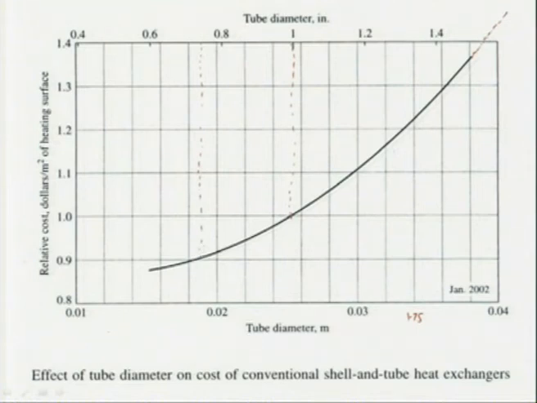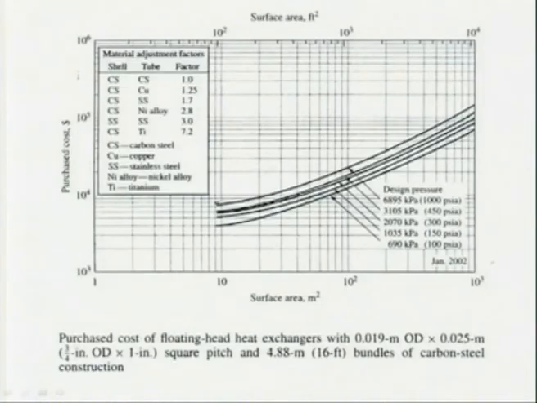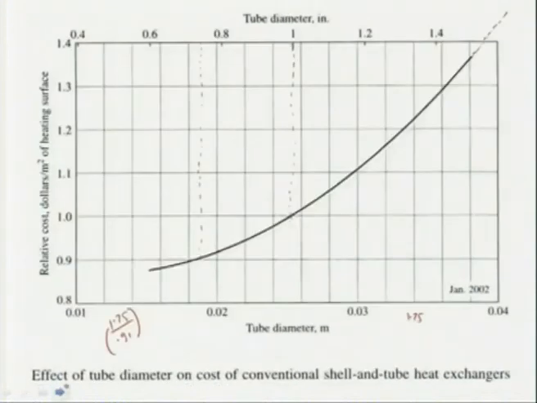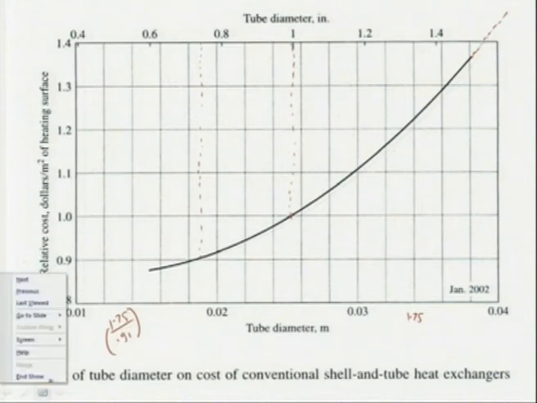So, the correction factor for the tube diameter is 1.75 divided by 0.91, where 0.91 corresponds to the 3.4 inch tube correlation that we just saw. 1 inch was the square pitch of the tubes, and the diameter was 3.4 inch, not 1 inch as I said earlier. We have to go for a correction factor because our diameter is higher, 2 inch, and then after the correction factors we have to recalculate the cost.